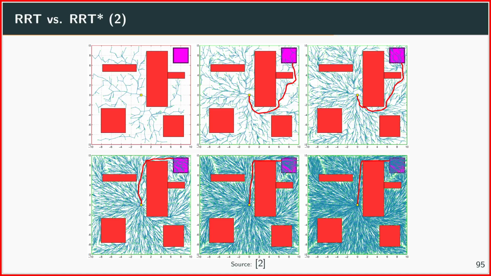Yeah, that makes a lot of sense, but this is not the way RRT star works. It already does this rewiring in every iteration, and the reason is that if we were just doing this rewiring after we found a solution, we would need to go over the whole tree and rewire it completely, and that would be a very big operation.